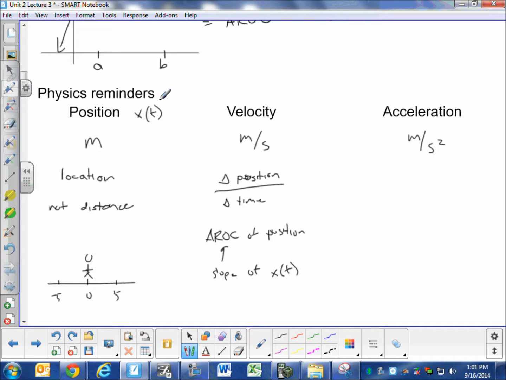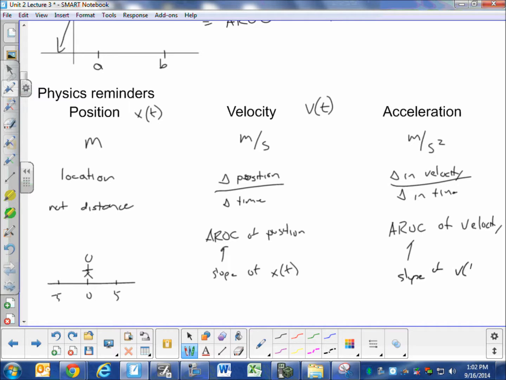Velocity, we typically use v of t. Acceleration would be the change in your velocity over your change in time. And this would be, of course, the average rate of change of your velocity, because it's really just slope. So I consider that slope of v of t. And acceleration, we usually use a of t.